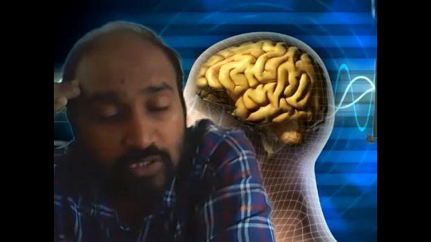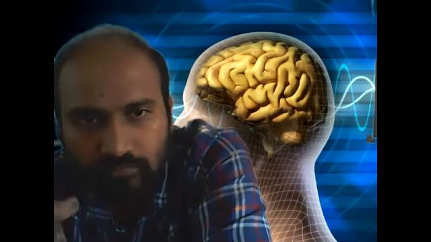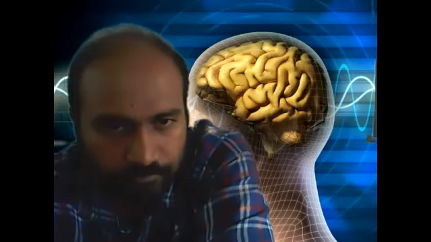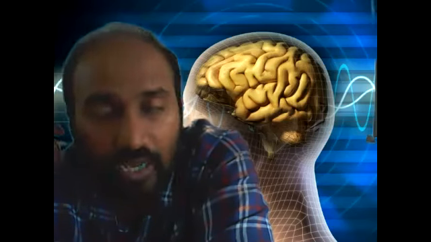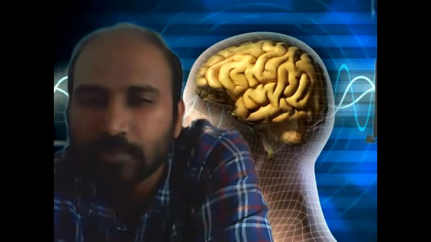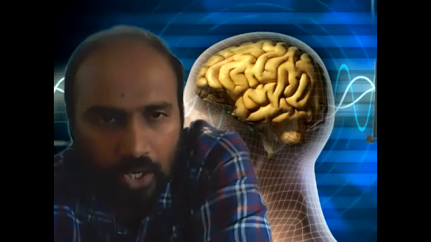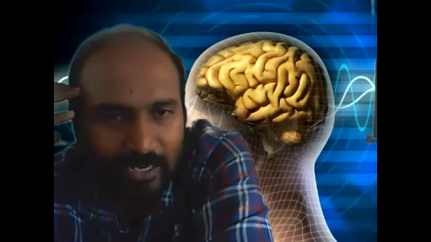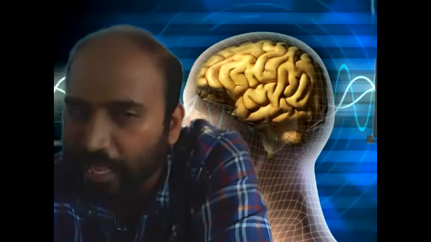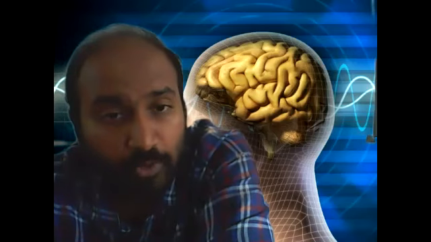The cerebrospinal fluid protects your brain from external shock. If your head hits somewhere, it should not damage your brain, so that fluid absorbs the external shock of physical damage. Basically, it is like a helmet protecting your brain. So the skull gives physical protection, and you have a fluid protection inside, the cerebrospinal fluid.